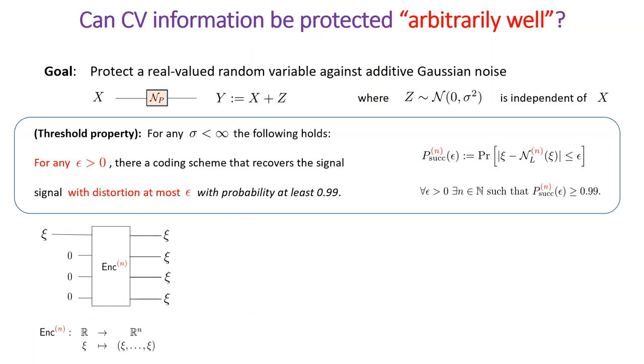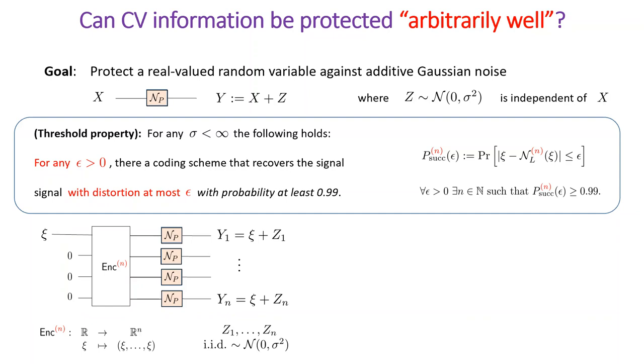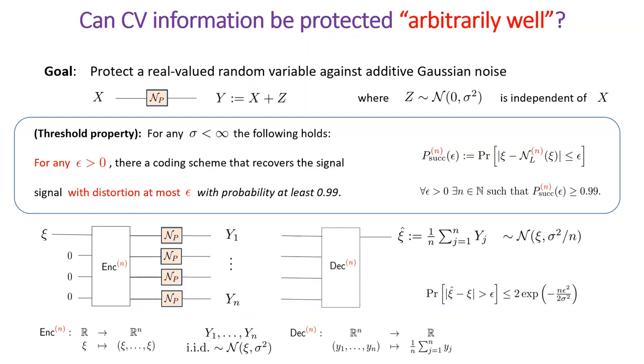If we then have noise acting independently and identically, we end up with a sequence of Gaussian IID random variables with variance sigma squared, whose expectation is equal to the input psi. We can then estimate psi simply by using the empirical mean, and this gives rise to the coding scheme. In summary, we can achieve any desired level of distortion epsilon with constant probability.